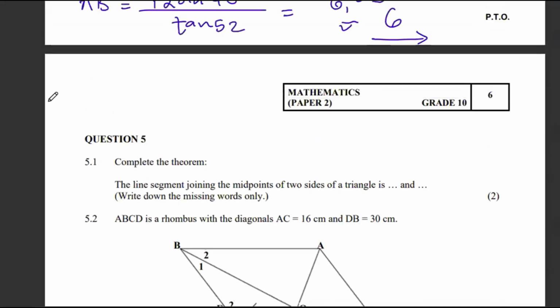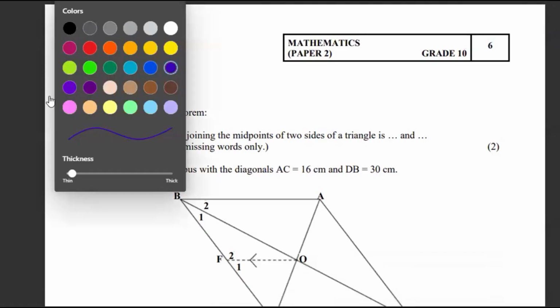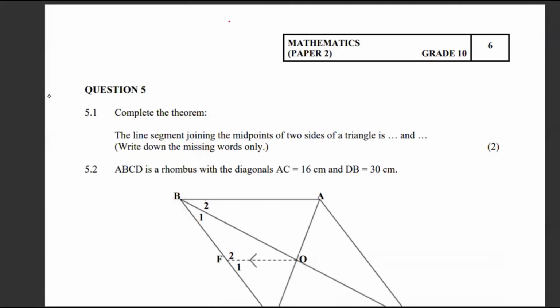Okay, so now this is testing us on what we call the midpoint theorem. So what happens with the midpoint theorem? We know that if we have a triangle, just in this format, I'll call this A, B, and C, and this is the midpoint of AC, and this is the midpoint of that.